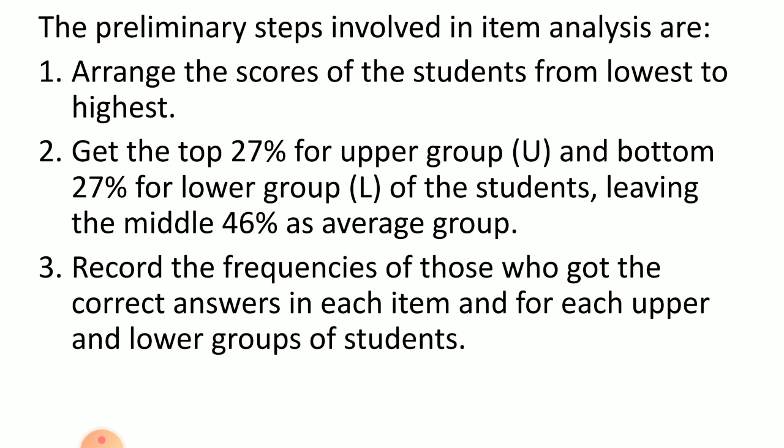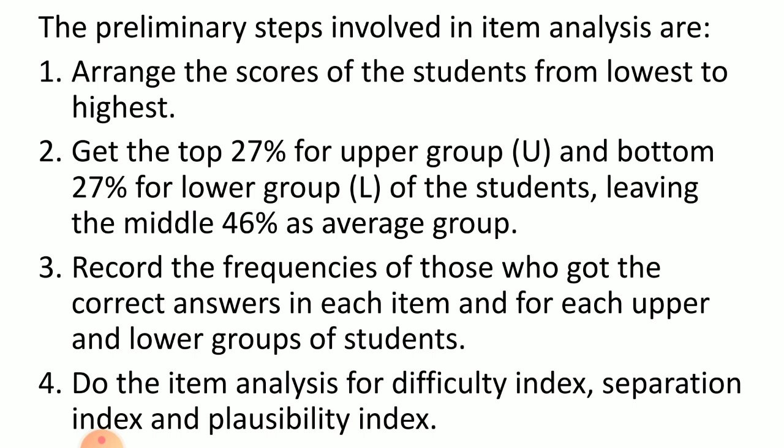Next is to record the frequencies of those who got the correct answers in each item, for each of the upper and lower groups of students. Then lastly, do the item analysis for difficulty index, separation index, and plausibility index.